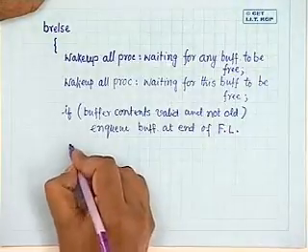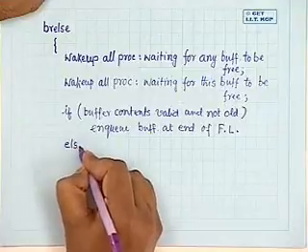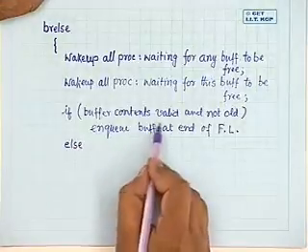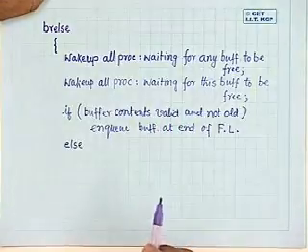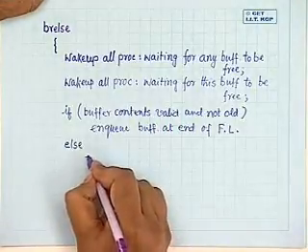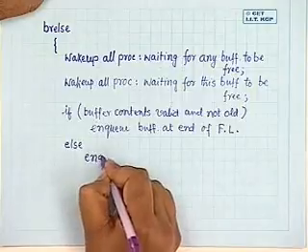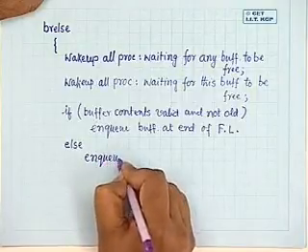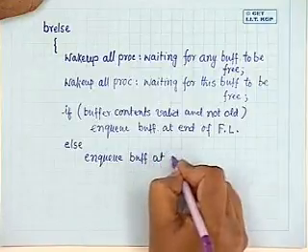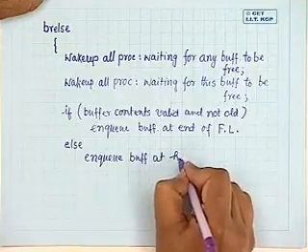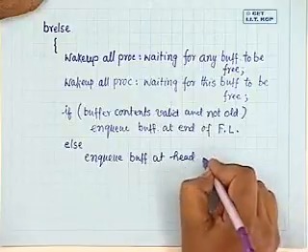Else, that means the buffer content is not valid or the data contained in the buffer is old. In that case, we have to enqueue buffer at the head of the free list, or beginning of free list.